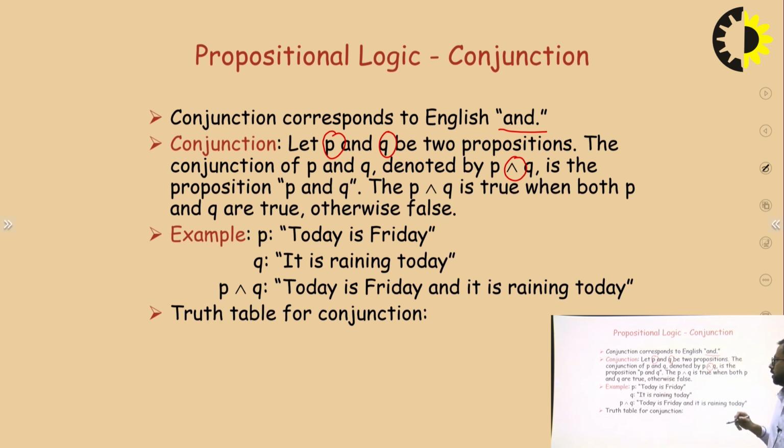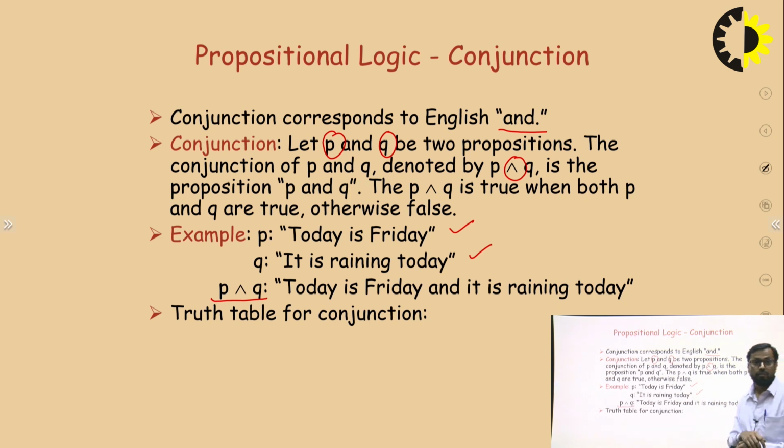For example, 'today is Friday' represents P and 'it is raining today' represents Q. So P and Q means today is Friday and it is raining today.